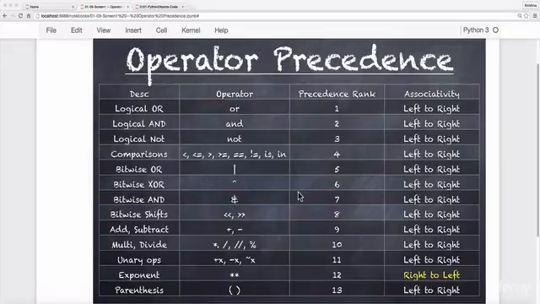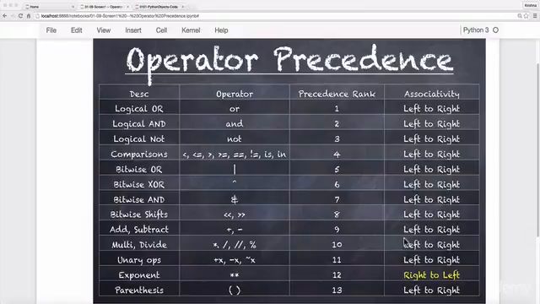And the second thing is, in an expression, if there are operators with the same level of precedence, then the associativity rules will kick in. Suppose there is a division, a multiplication, and also a division.